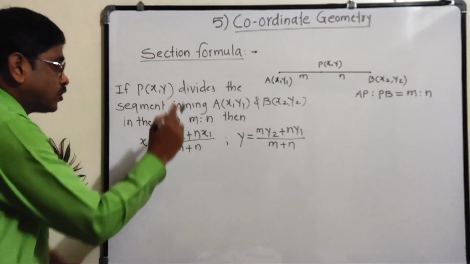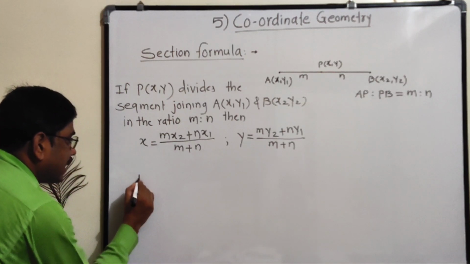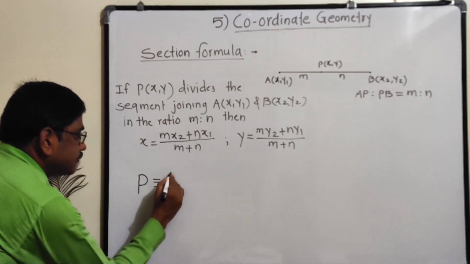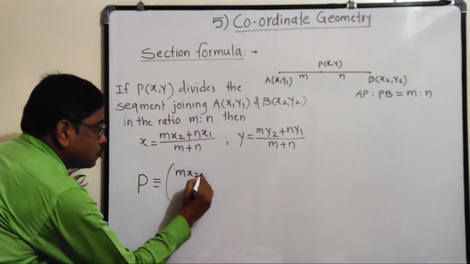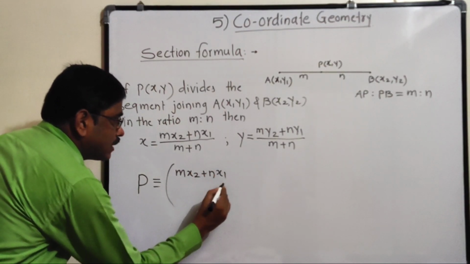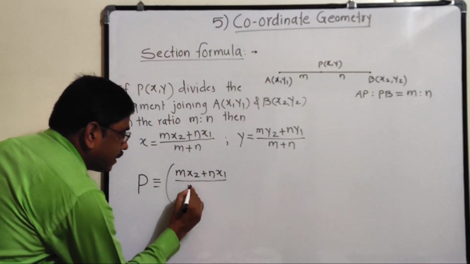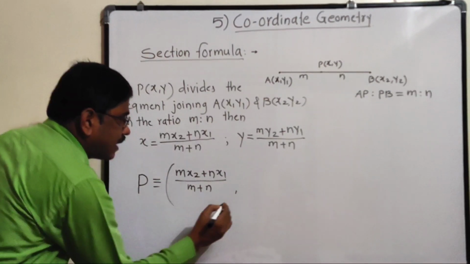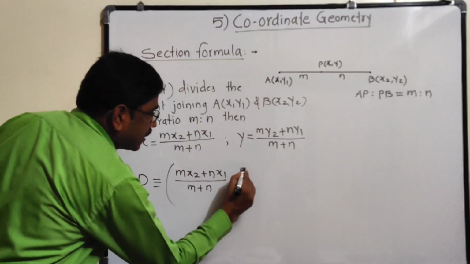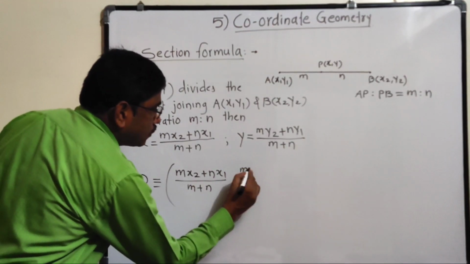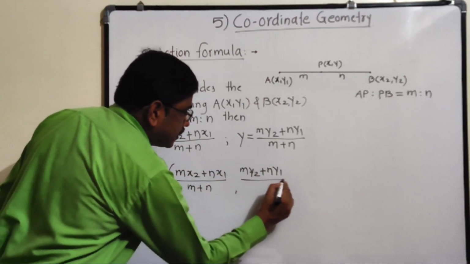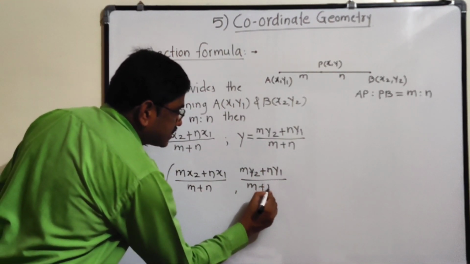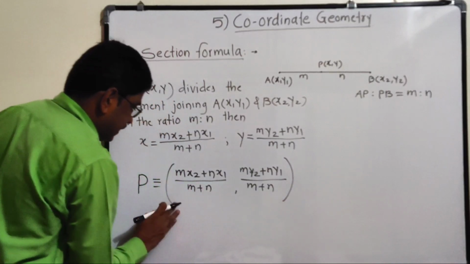The coordinates of P we get combined like this. The x coordinate is (m x2 + n x1) divided by (m + n), and the second coordinate is (m y2 + n y1) divided by (m + n).